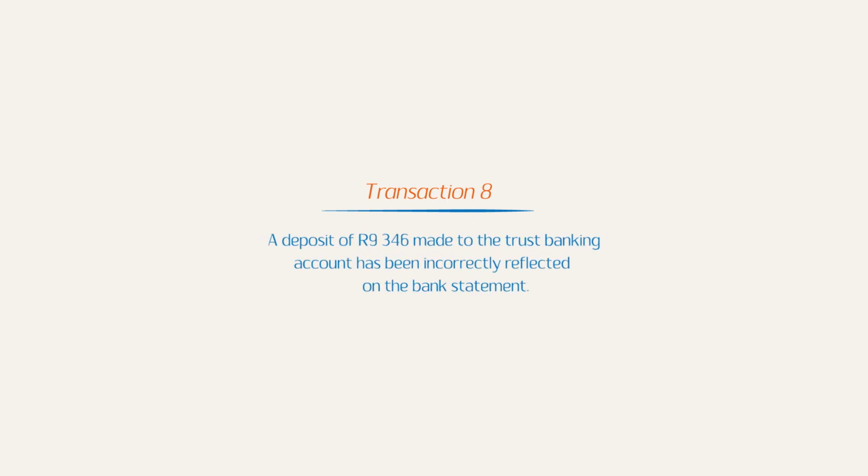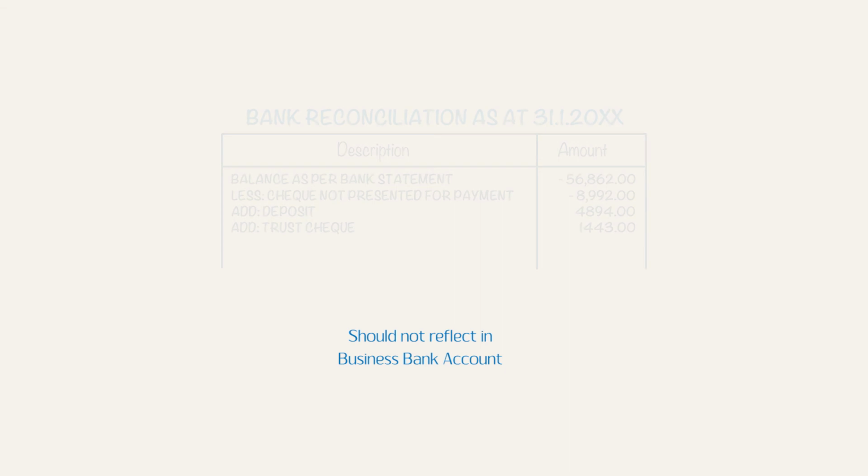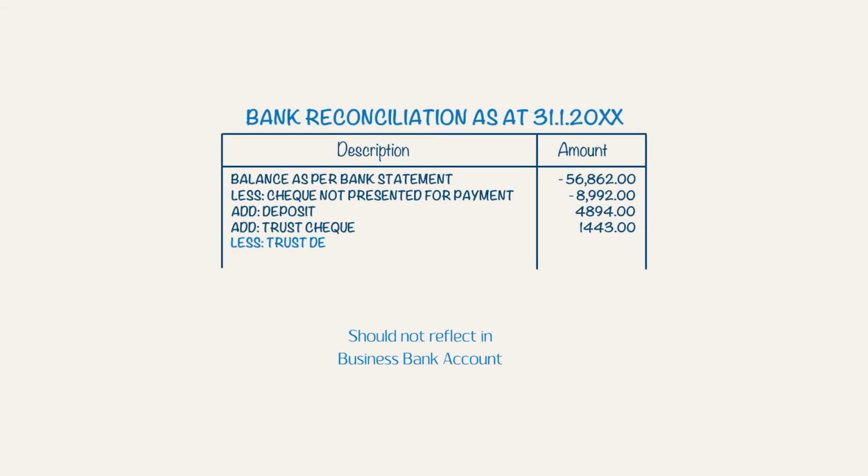A deposit of R9,346 made to the trust banking account has been incorrectly reflected on the business bank statement. This entry is incorrect as we are now dealing with the business bank account and not the trust bank account. A trust deposit should not reflect on the business bank account. This amount must be deducted from the business bank account balance to rectify this error.